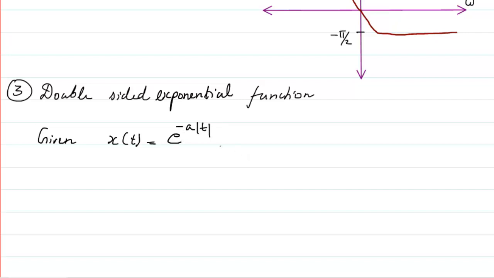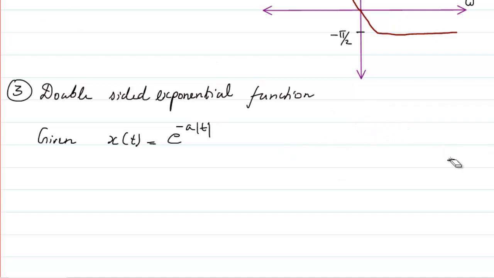When I say e raised to power minus a magnitude of t, it means that whether t is positive or negative, it is going to be decaying. That means if you take any axis, whether it's positive t or negative t, the value is always going to be a decaying function. So it will be drawn something like this on this side and something like this on the negative side. Both sides it will basically be a decaying function.